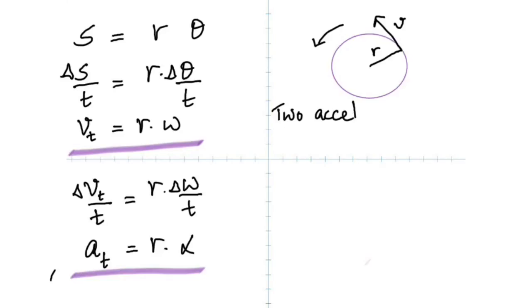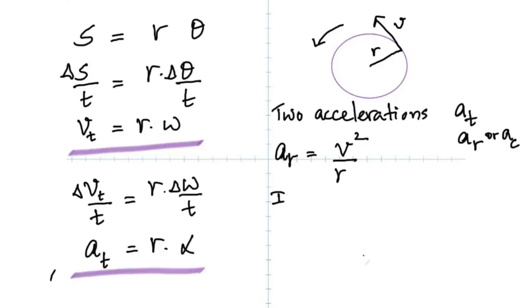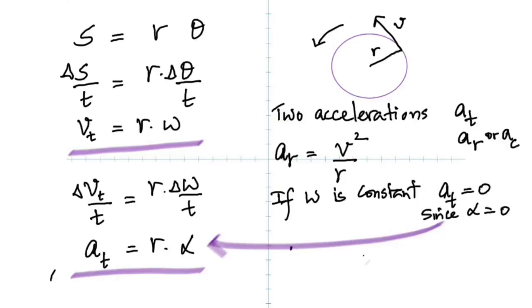So there are two accelerations, like I mentioned. One is the radial acceleration, the other is the tangential acceleration. And we know that the centripetal acceleration is given by v squared by r. And again, if omega is constant, tangential acceleration is non-existent, but even then we have the radial acceleration.